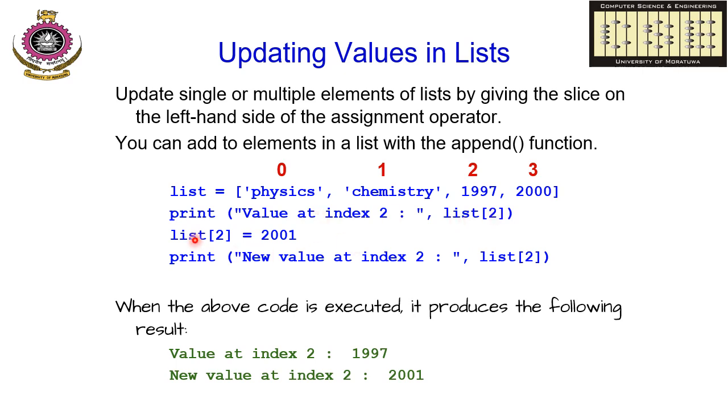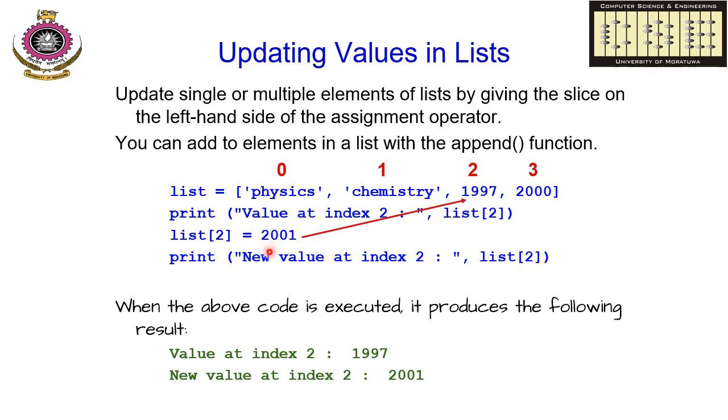Now in the third line we give a new value to the item at index number 2. You refer to the item at index 2 and assign a new value. 2001 is the new value.